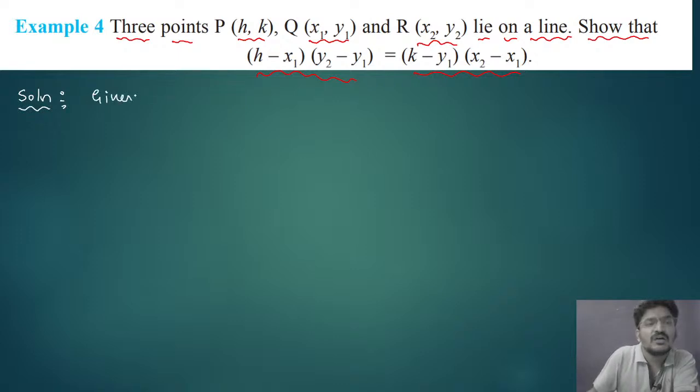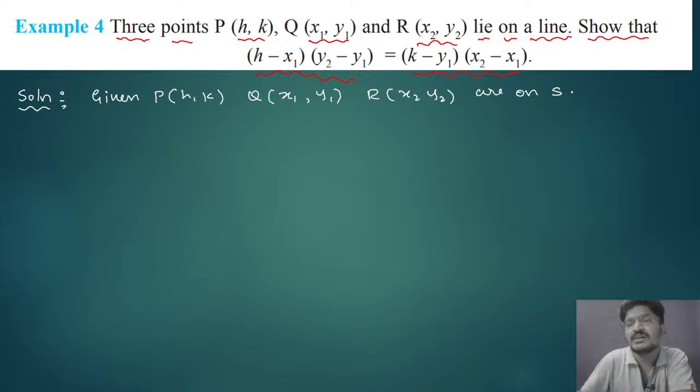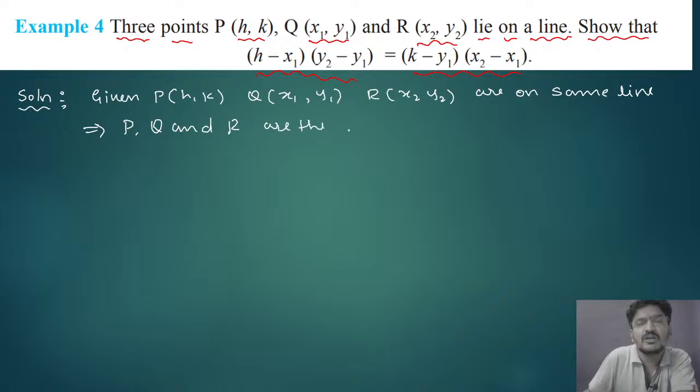Given: P of (h, k), Q of (x1, y1), R of (x2, y2) are on the same line, which implies that P, Q and R are the collinear points.